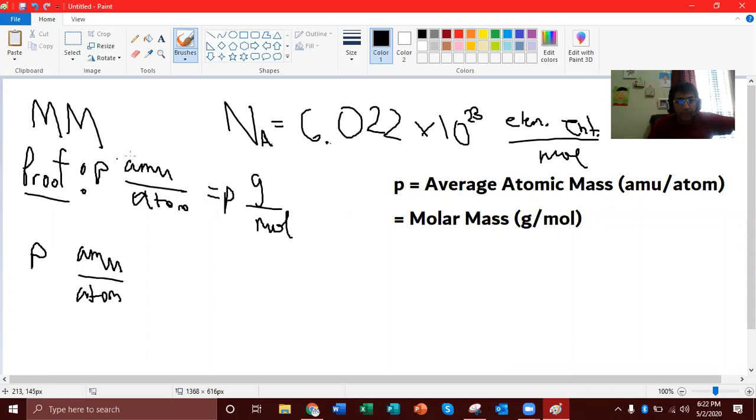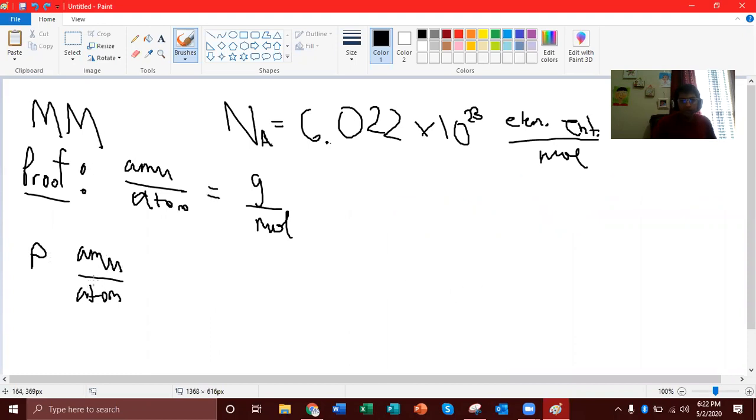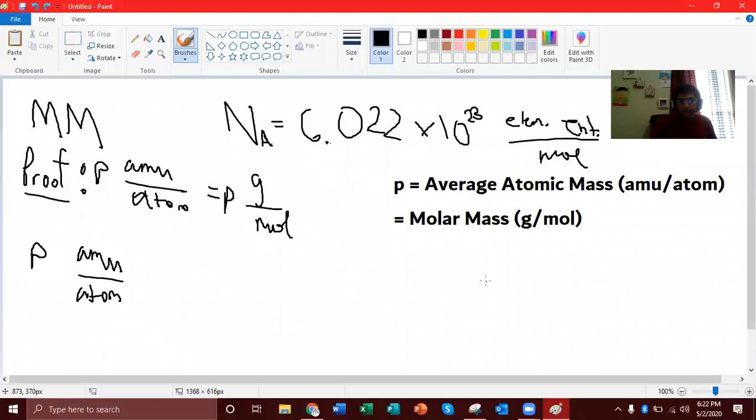So P AMU per atom is equal to P grams per mole. Somehow we need to convert this to P grams per mole. We start off with our left-hand side.